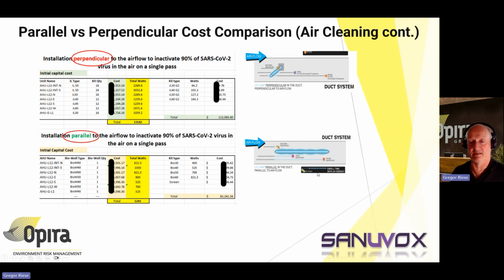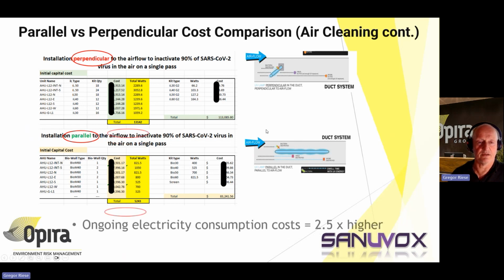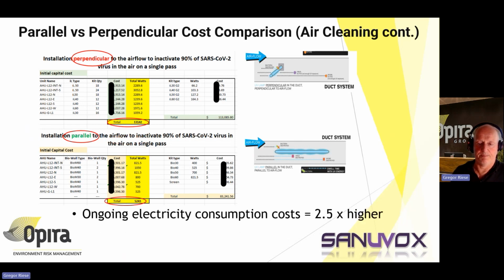The second installation is a biowall installation. Just having a look at the numbers here, the electricity cost of achieving the same rate of disinfection, one in duct, one in front of coil, is 2.5 times higher. So that's just locked in.